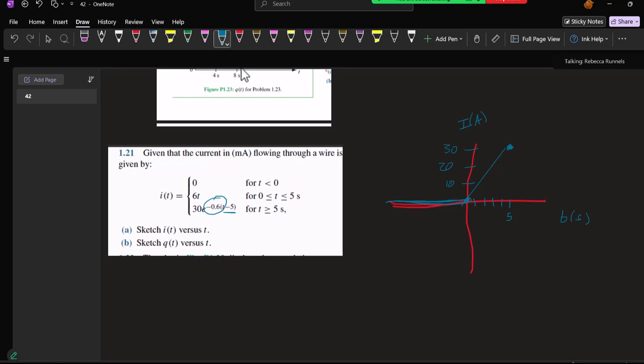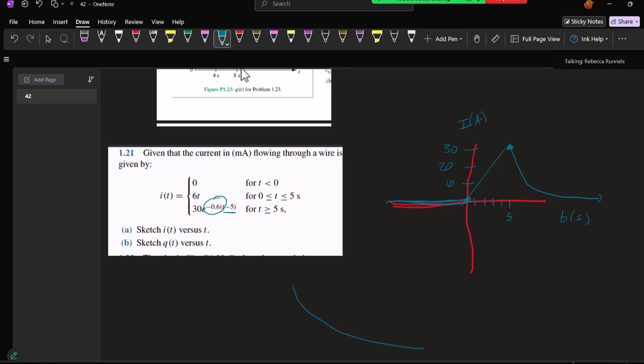I know what exponential decay looks like. If I plug 5 in, I get an exponent of 0. E to the 0 is 1, so this is 30 times 1. So when it's 5, it is at 30, and then it's just decaying down like that. You wouldn't be expected to have it more detailed than that. So that is the current.